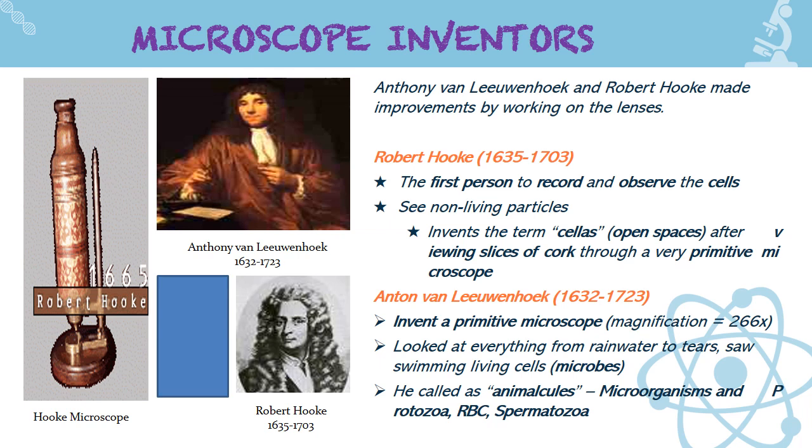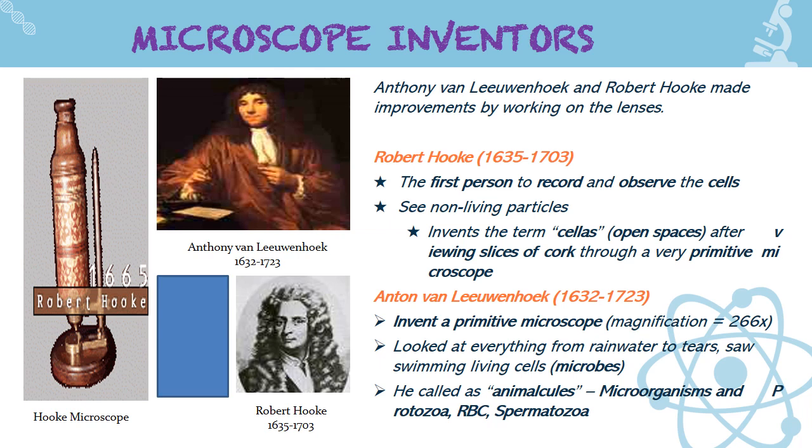Hooke's microscope shared common features with the early telescope, and Anton van Leeuwenhoek afterwards made further improvements when he achieved a magnifying power of up to 266 times the actual size of samples using only a single lens.